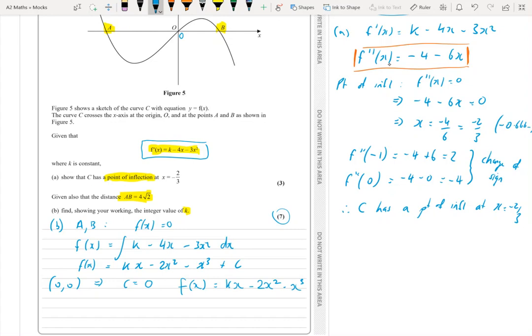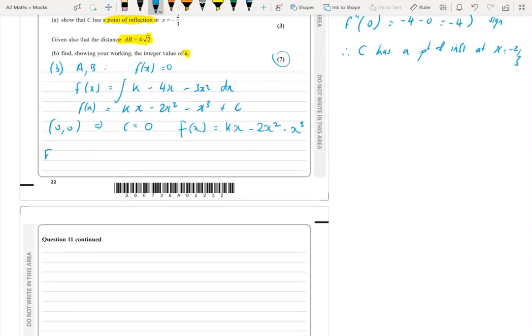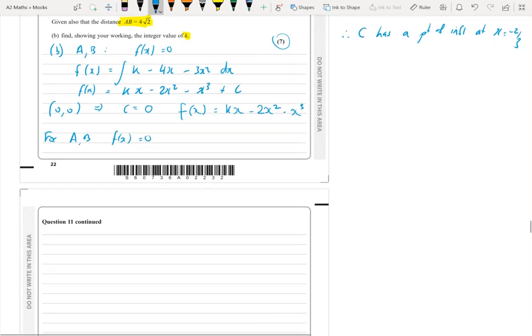a and b are points where the function equals 0, y equals 0. So we're going to solve this equation for a and b. We already said this at the top: f(x) equals 0. So if we scroll on to a bit more space, that means kx minus 2x squared minus x cubed equals 0. Which doesn't look very nice. It's a cubic.